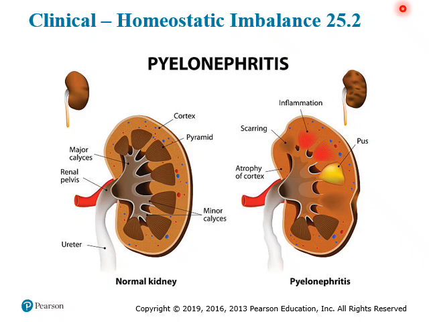Usually, it is not without hope. The inflammation can be reversed. It can heal with the help of antibiotics. So the treatment is usually antibiotics. And most of the time, if it is treated on time, it is going to be successful.